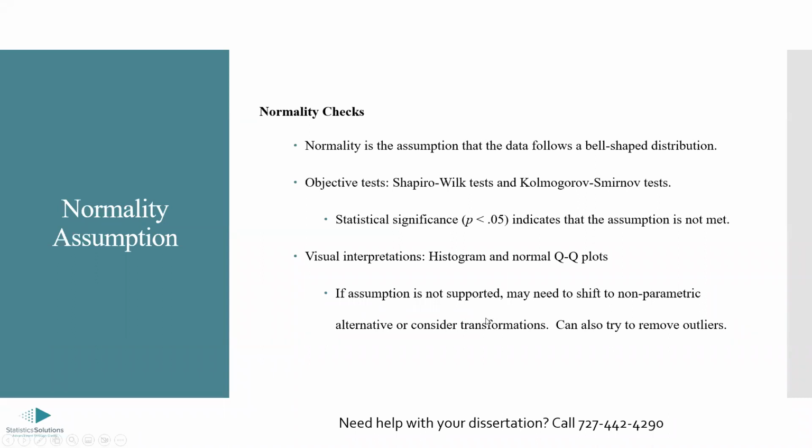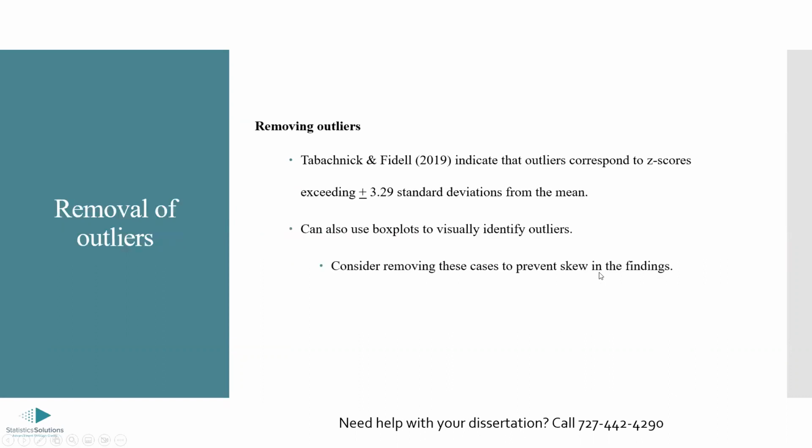If you transform it using a logarithmic distribution or an exponential curve, that shifts the interpretation for all your data, so I try to avoid doing that. Okay, and if normality is not supported, then you can also try removing outliers. And we'll look at that on the next slide.